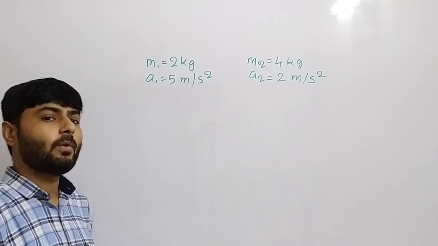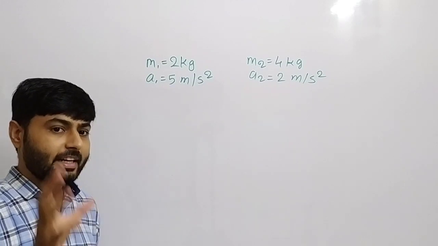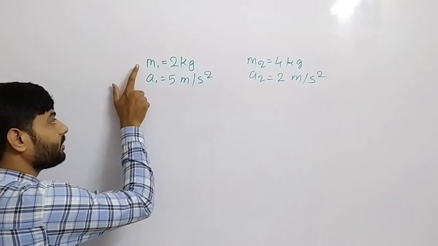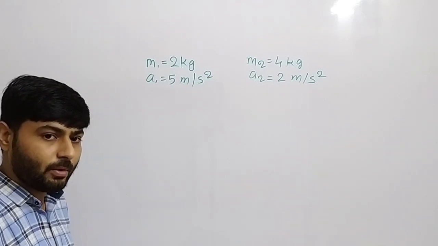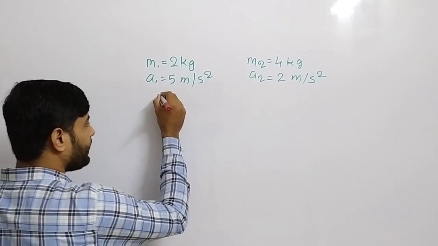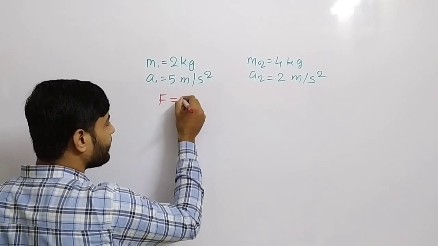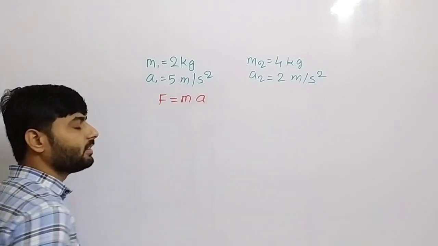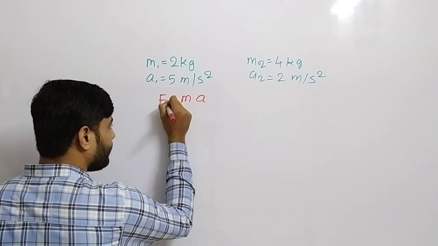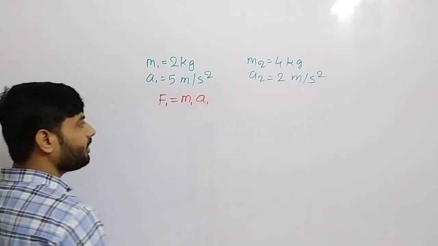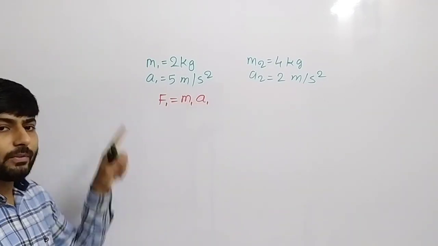Now we have only one formula that contains force, mass and acceleration. Which is this formula? This is nothing but F is equal to ma, the second law of motion. So I put subscript 1 because it is for the first case.